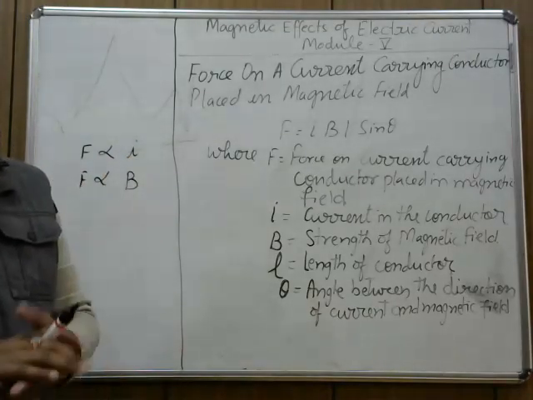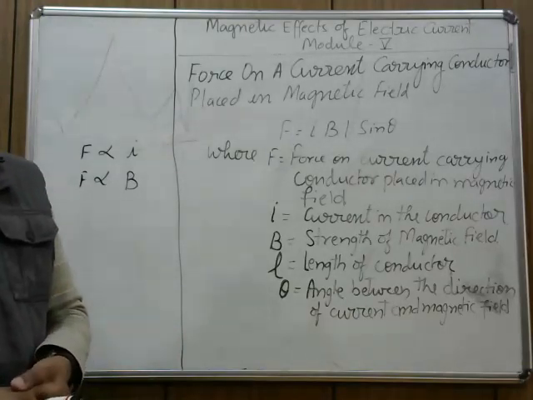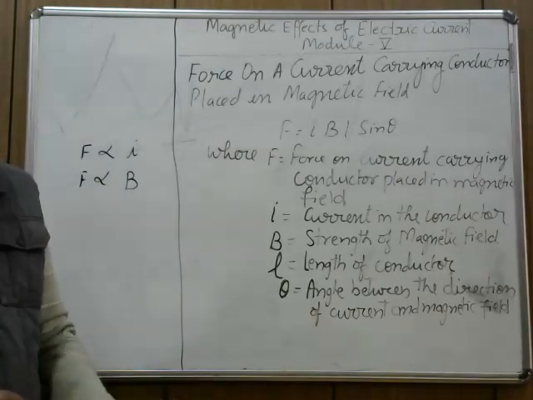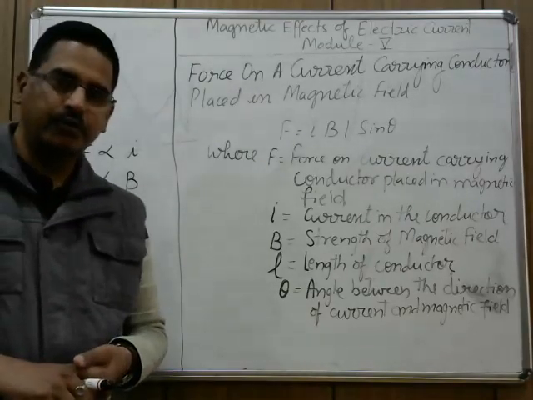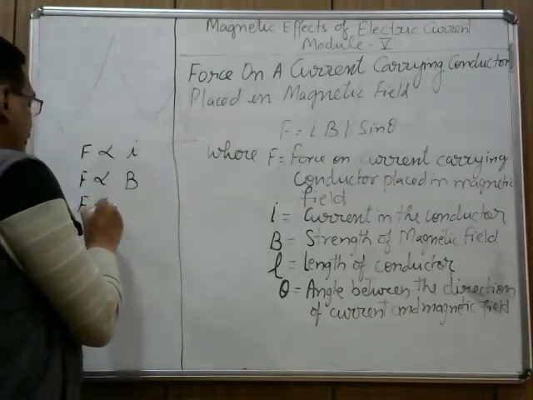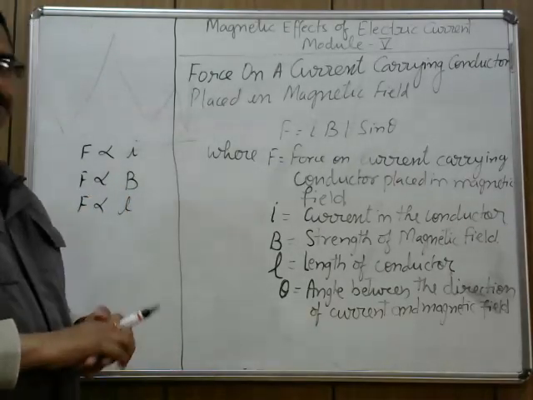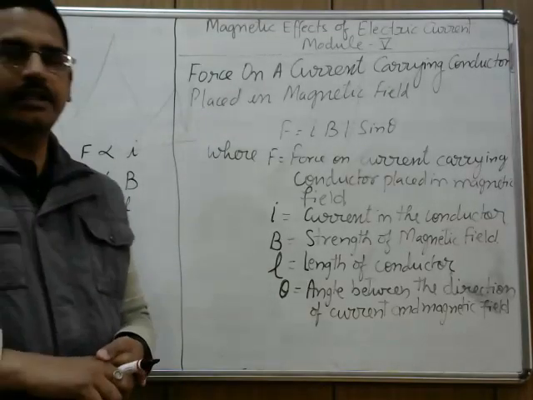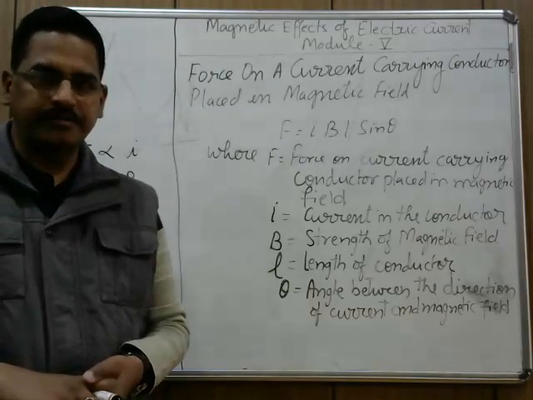On increasing the strength of magnetic field, force will increase, and on decreasing the strength of magnetic field, force will decrease. Force is also directly proportional to the length of conductor. On increasing the length of conductor, force on the conductor increases and vice versa.